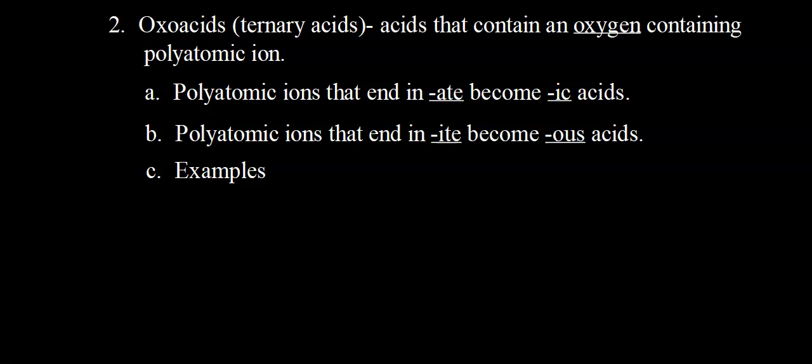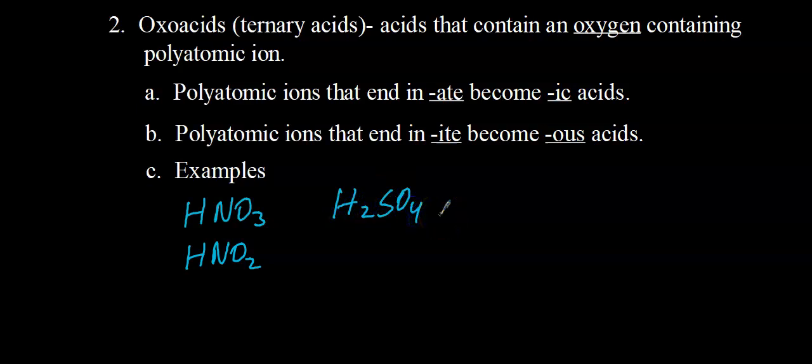Here are some examples. What is the polyatomic ion in this acid? That is nitrate. So HNO3 is called nitric acid. The polyatomic ion in this acid is nitrite. So this is called nitrous acid. Again, it doesn't matter that there are 2 hydrogens.